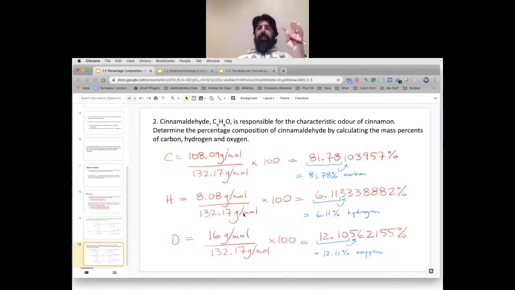But in this case, I'm fine with you not sharing the units, just because they actually will cross out. Grams per mole up here divided by grams per mole here will give me no units. The only unit that comes in at the end is that percent, and that's based on us multiplying by 100.